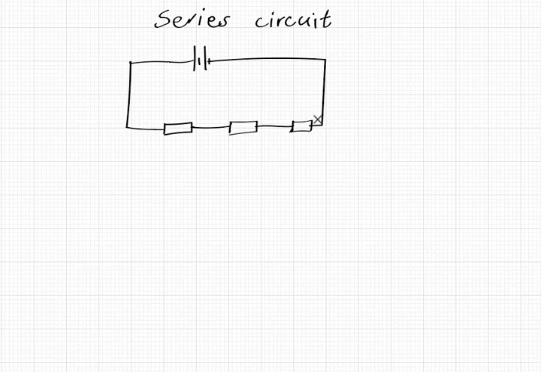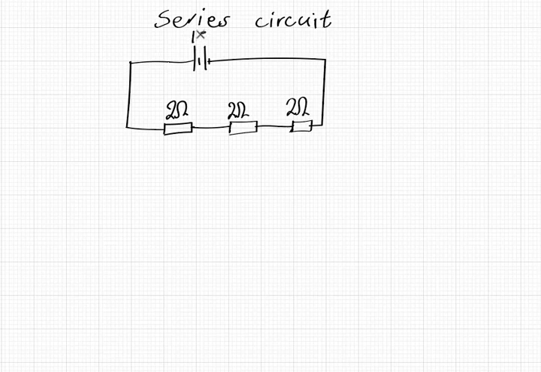Why did I make them 3? It should have been 2, but that's okay. Say this is 2 ohms, 2 ohms, 2 ohms, right? And what value can we choose here?